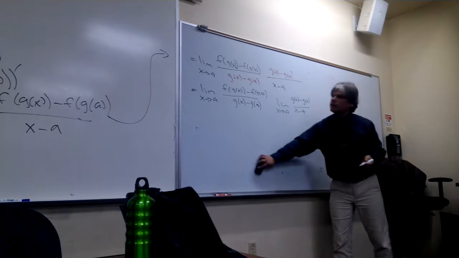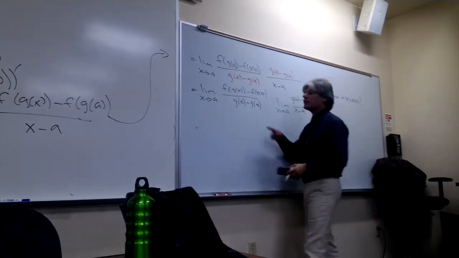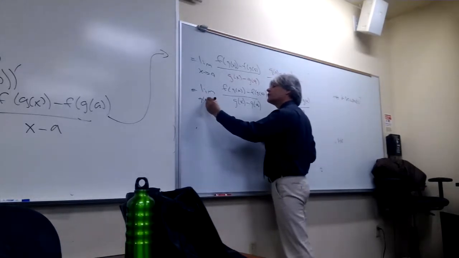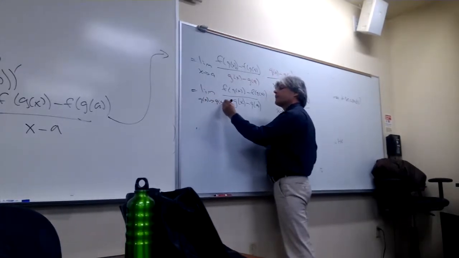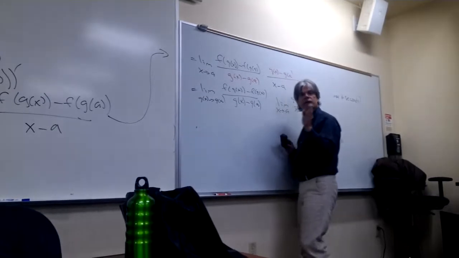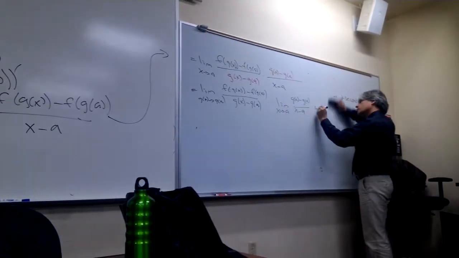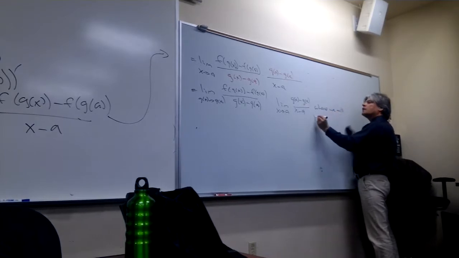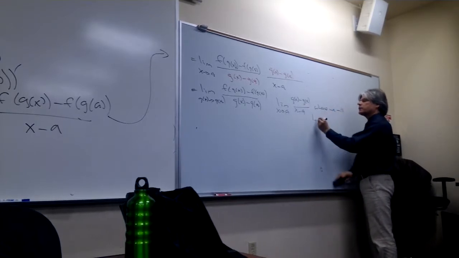But if g is a continuous function, then as x approaches a, g of x is also going to approach g of a. And you guys allow me to make a substitution, just to make the notation look a little bit nicer.